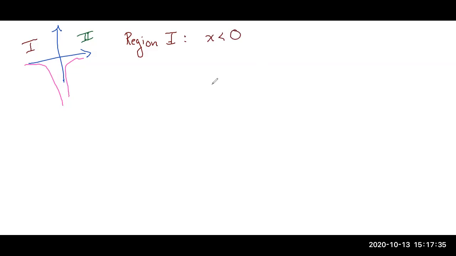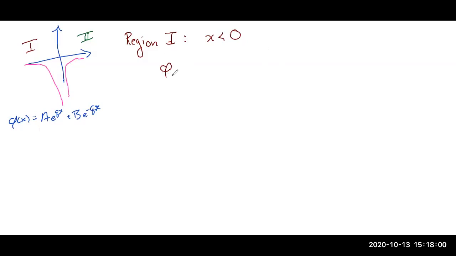I still want phi to go to 0. So I'm going to write down my general solution here. Phi of x is equal to a e to the qx plus b e to the minus qx. I want to make sure that this doesn't blow up. So that means I'm going to keep just the first term.